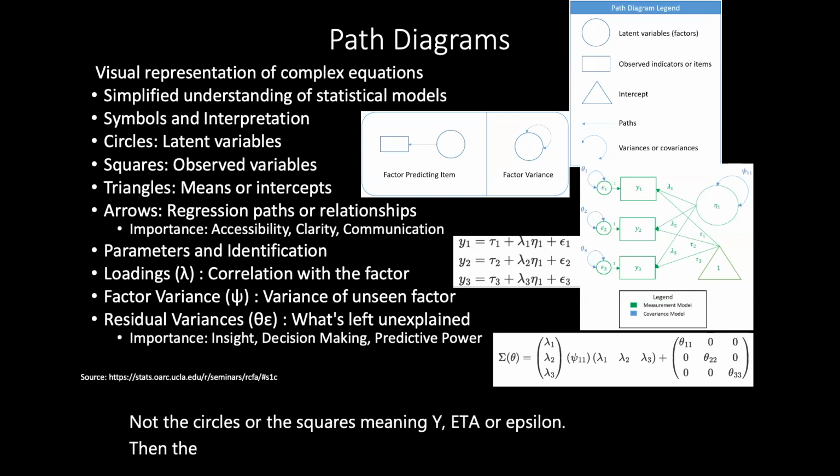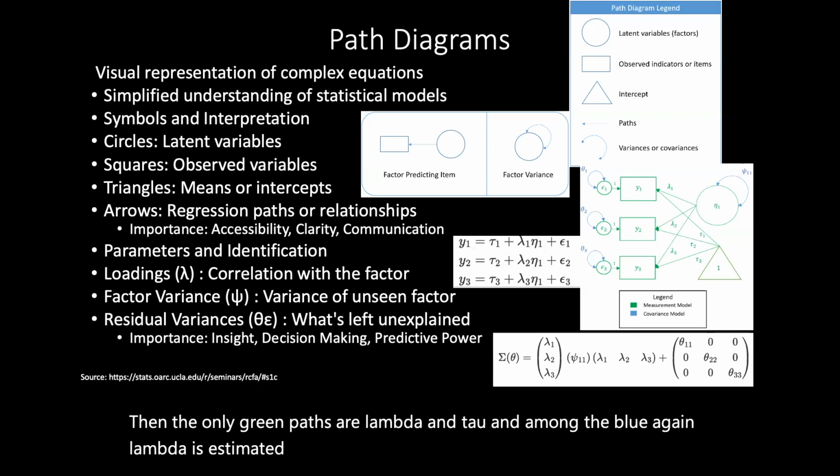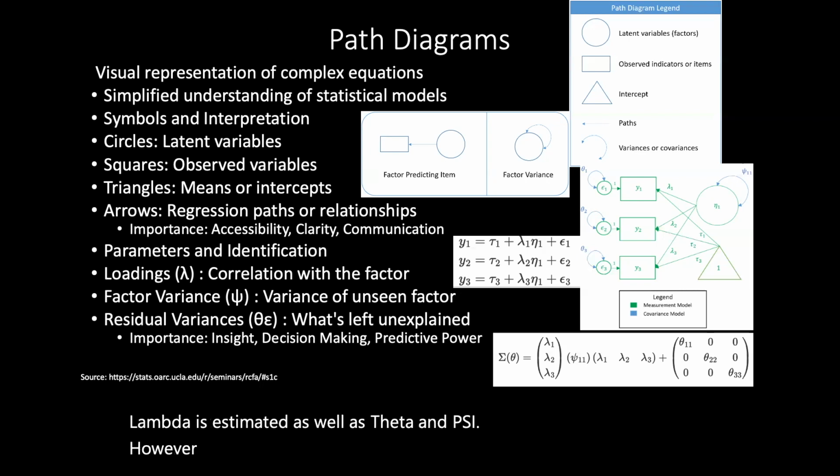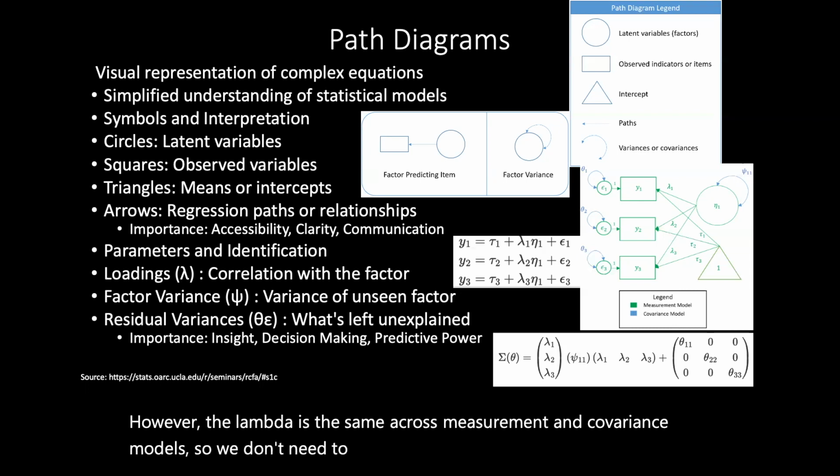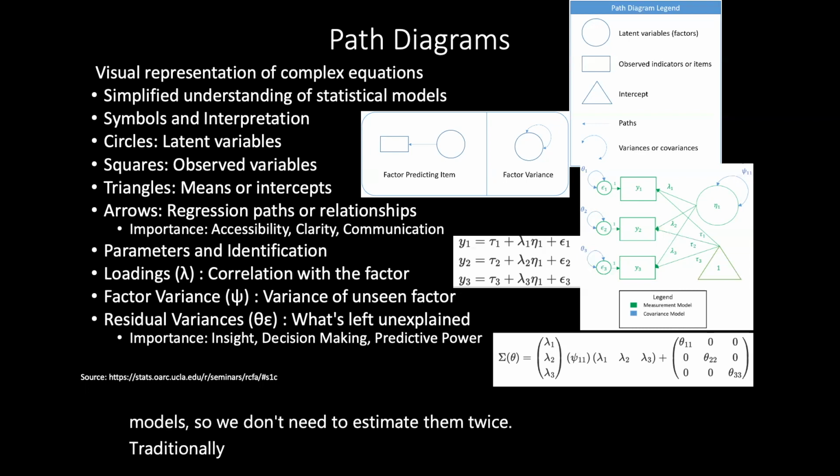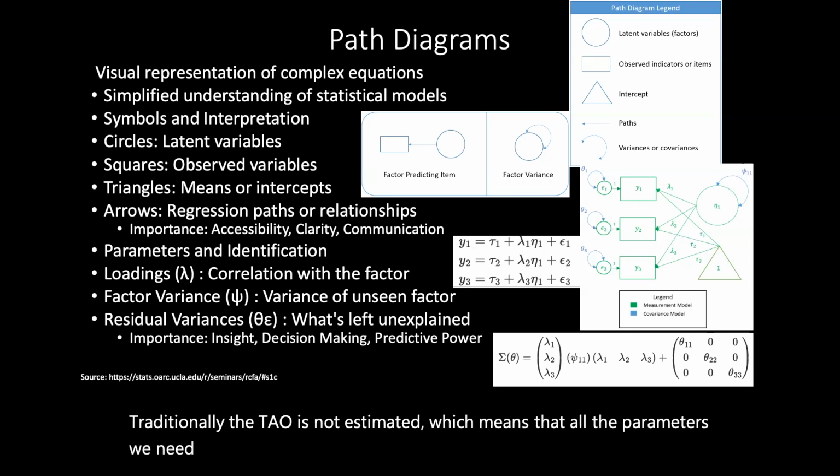Then the only green paths are lambda and tau, and among the blue, again, lambda is estimated, as well as theta and psi. However, the lambda is the same across measurement and covariance models, so we don't need to estimate them twice. Traditionally, the tau is not estimated, which means that all the parameters we need can come directly from the covariance model.